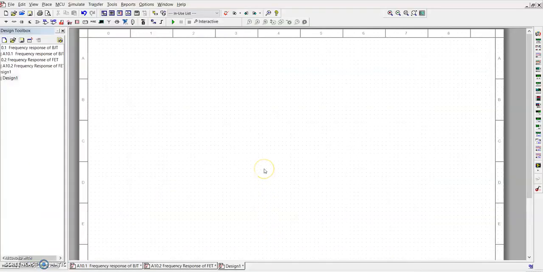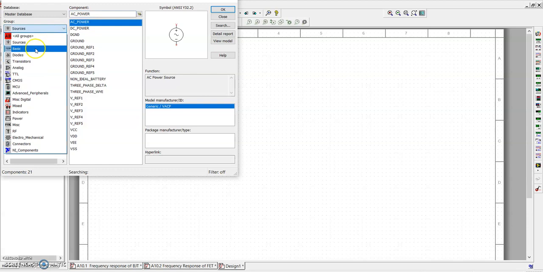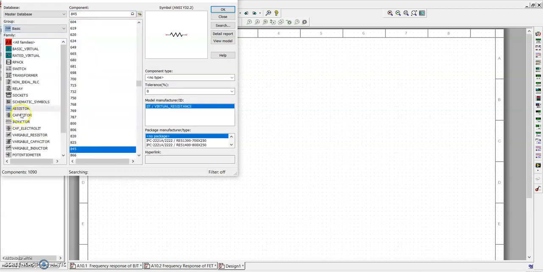Now we are going to see how to design a circuit and implement it. Here we can get all the sources: AC power, DC power, ground. You can search whatever components you want here. If you take basic, you can have resistors, capacitors, inductors.